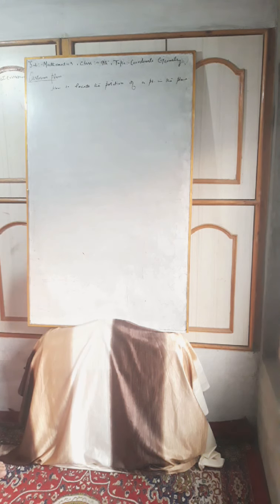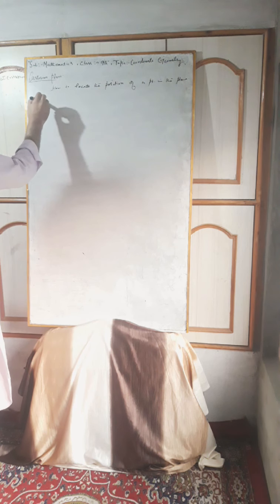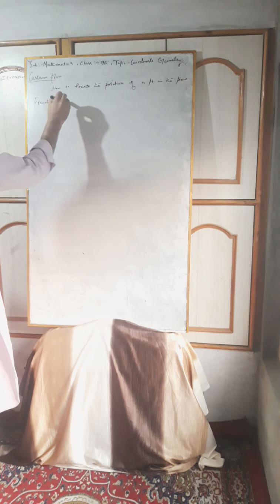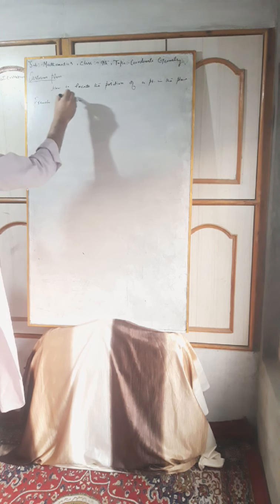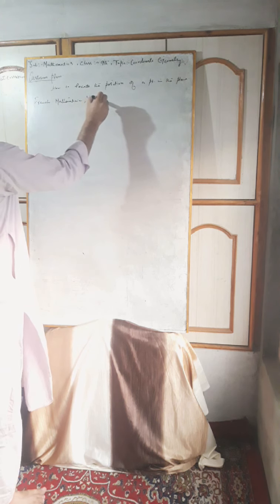The mathematician who is called the father of coordinate geometry was the French mathematician whose name was René Descartes.